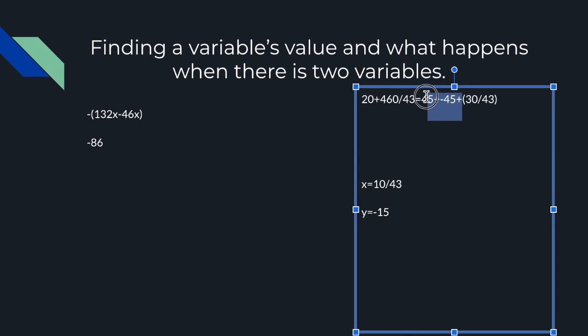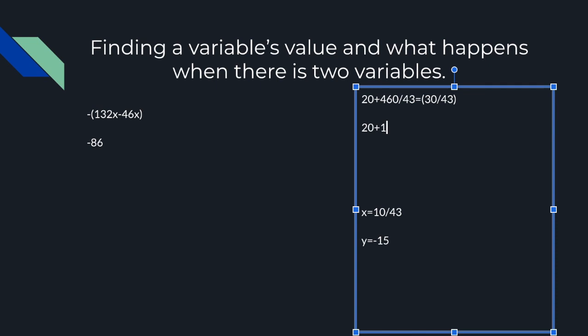We're going to lose all of this because they cross each other out. Now 20 plus, of course, this is a bit of a tricky one. This is going to be 20 plus 460, but instead of 460, you have to do some more math there. So you have to think, so what would that be?